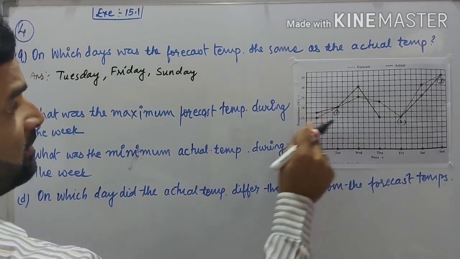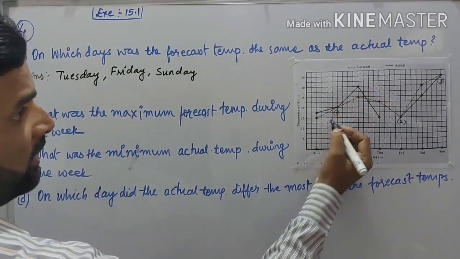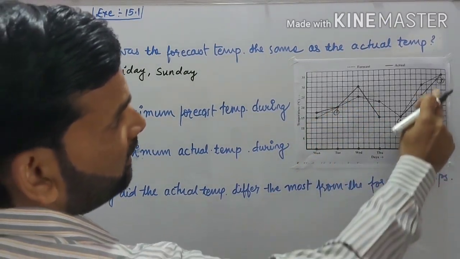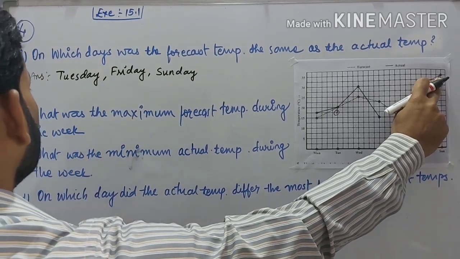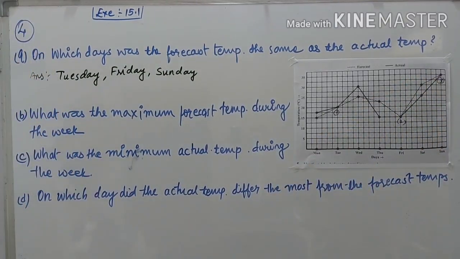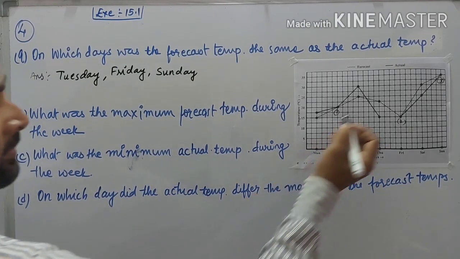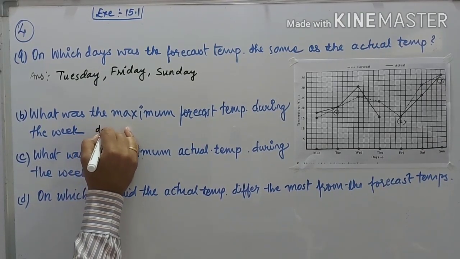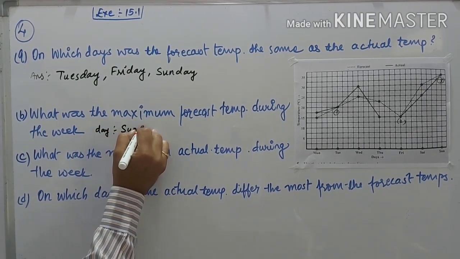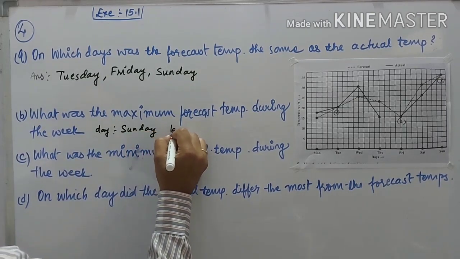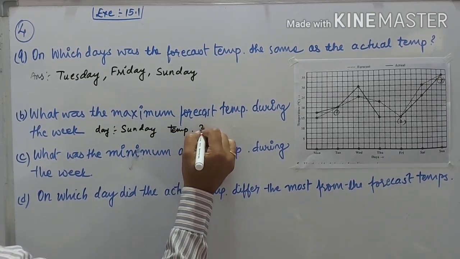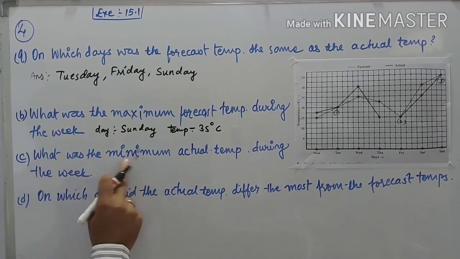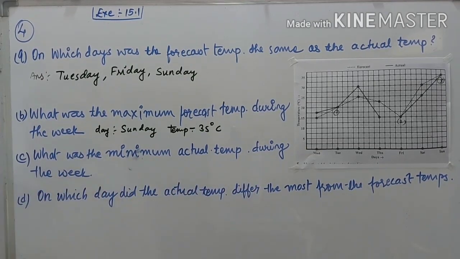The dotted line is highest in the week on Sunday, and the maximum forecast temperature on Sunday is 35 degrees centigrade. So the day is Sunday and the temperature is 35 degrees centigrade.